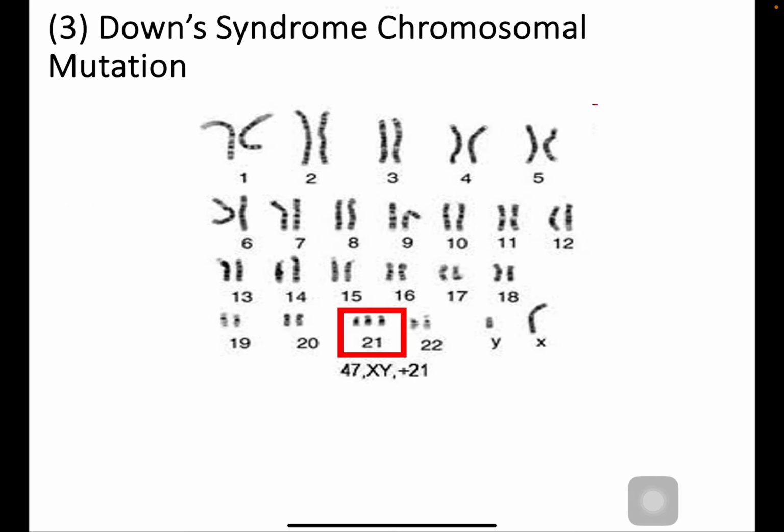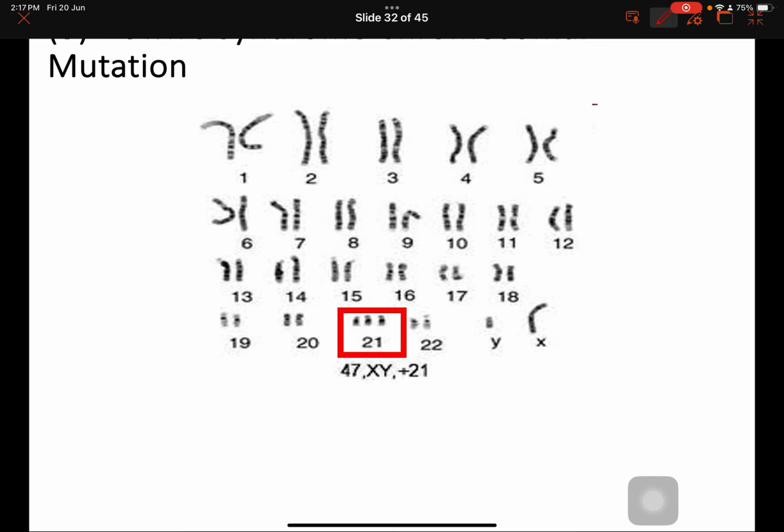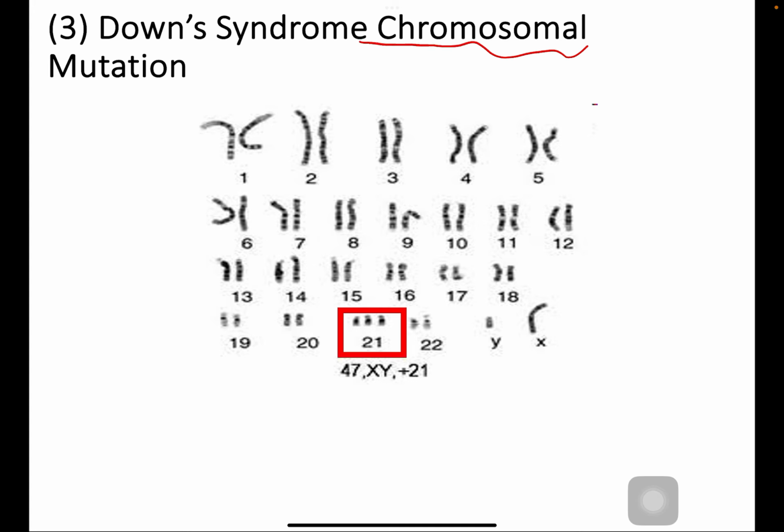Next, we'll be talking about chromosomal mutation, and there is only one example that you need to know: Down syndrome, also known as trisomy 21, because there are 3 copies of chromosome 21 found in individuals with Down syndrome.